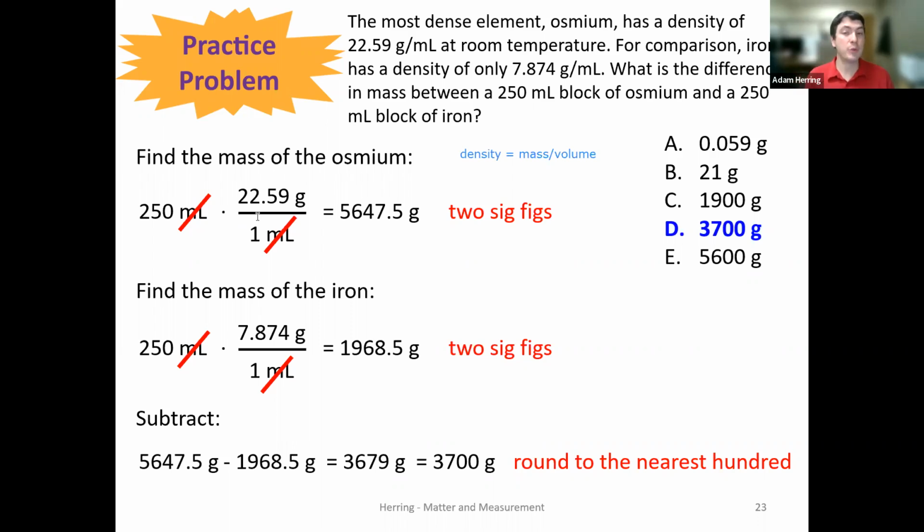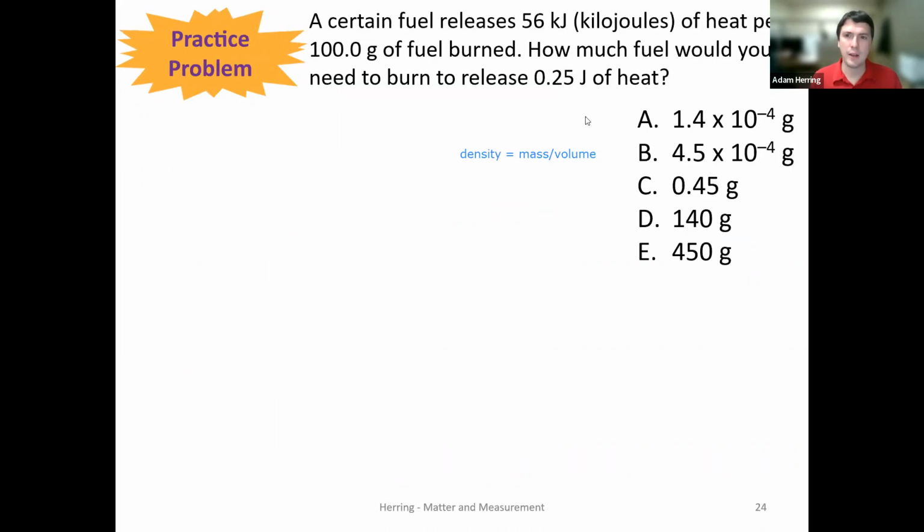And the relationship between mass and volume is density. So it makes sense that we would use the concept of density to convert from the volume of one substance into the mass of that substance. Okay? All right, let's try another problem.